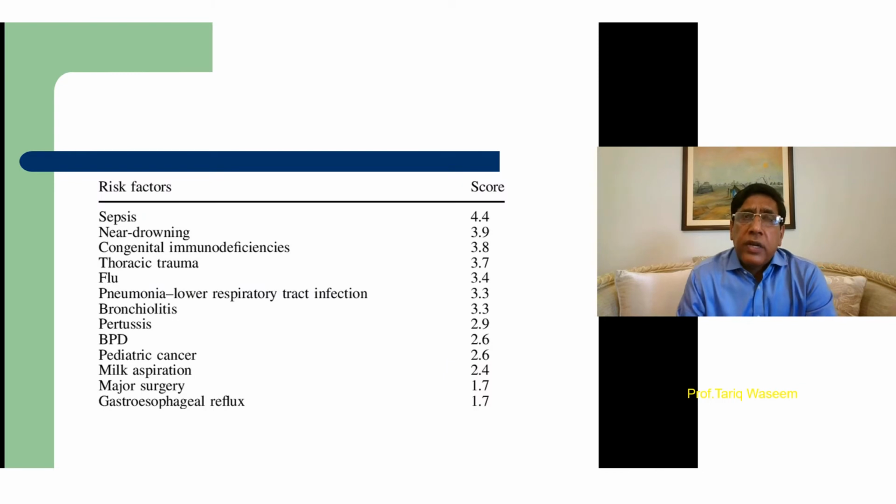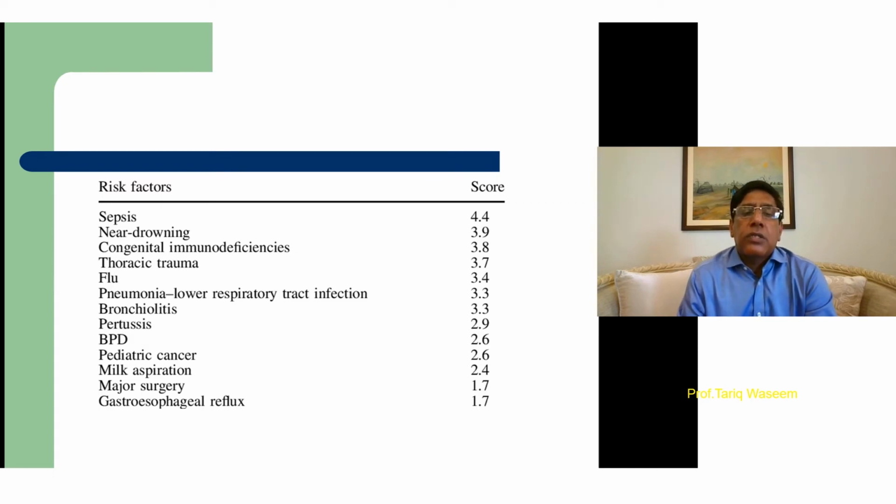What are the risk factors for developing ARDS? Of course, if you go through the list, patients who develop sepsis, compared to those who do not, have almost 4.4 times more chances of developing ARDS. Near drowning is 3.9 times more. Those with congenital immune deficiencies have 3.8 times more risk of developing it. Thoracic trauma, chest wall, 3.7 times.